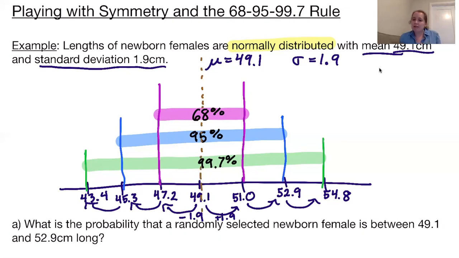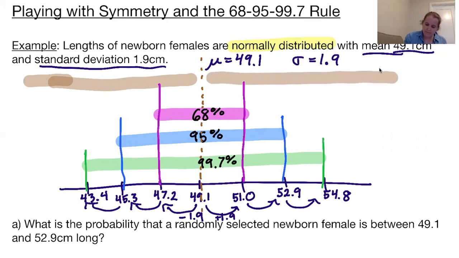Because this is symmetric, the distribution, the mean cuts the distribution precisely in half, which means that to the left of the mean, going on forever, and to the right of the mean, going on forever, both of those account for 50% of the data. So the mean divides the graph directly in half.